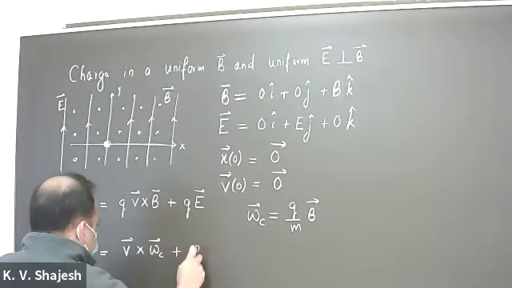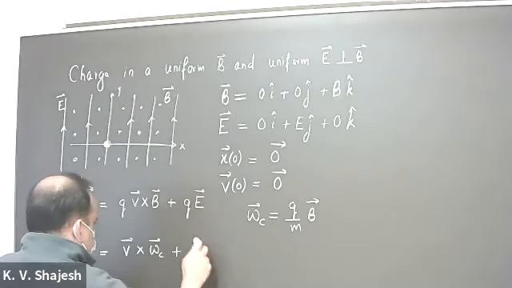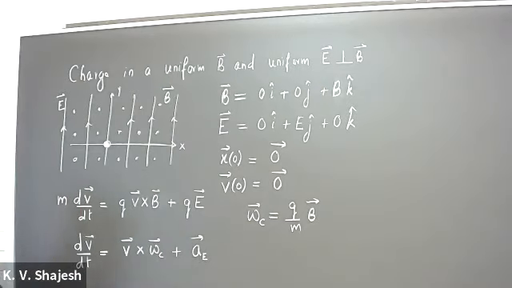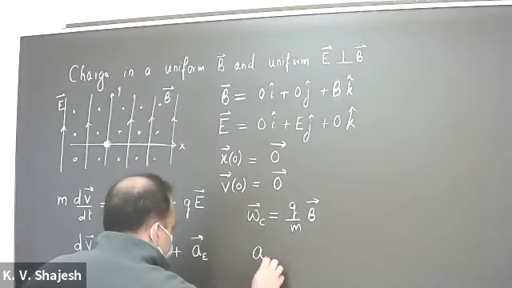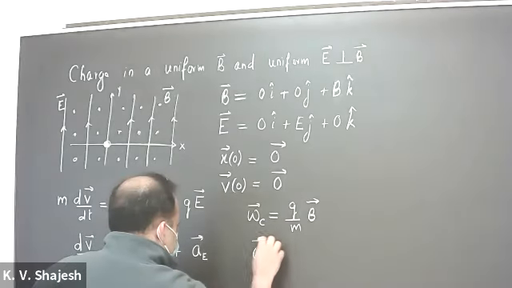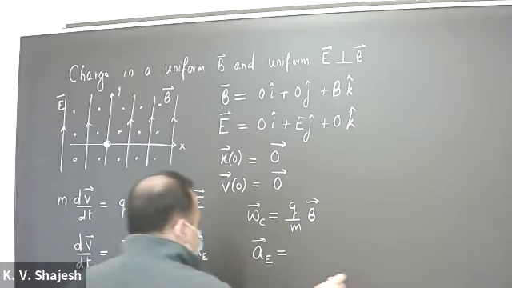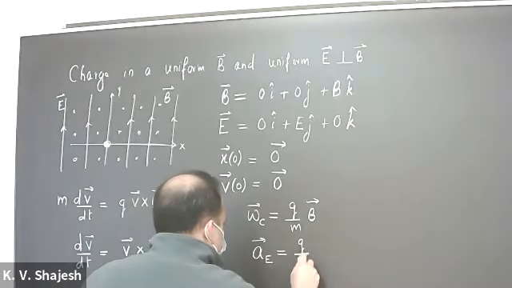Let me call that a_E. That's the acceleration contribution from the electric field. Again, as a vector, the acceleration contribution from the electric field is in the direction of the electric field itself.